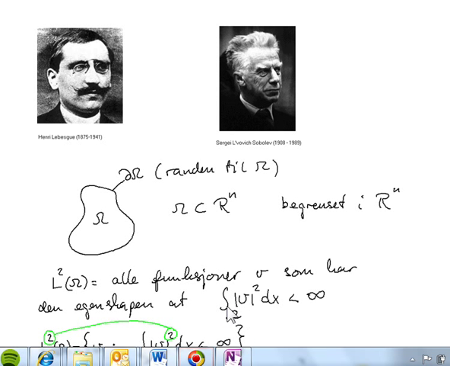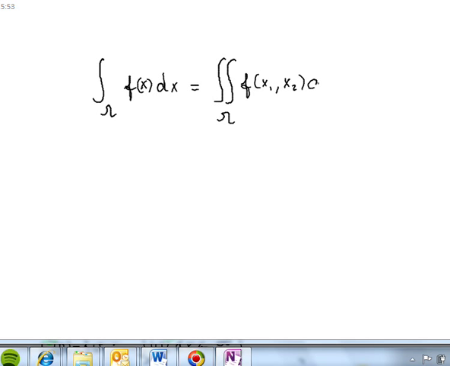So what does this integral mean? This is an abbreviation. With this symbol, this means that in our case, where omega was a part of R2, generally in Rn, it means this double integral of f of x1, x2, dx1, dx2.